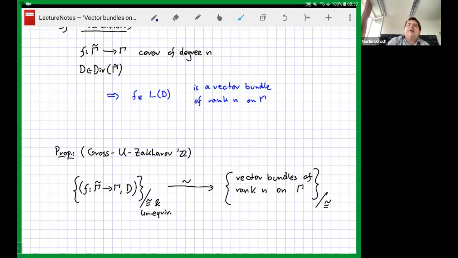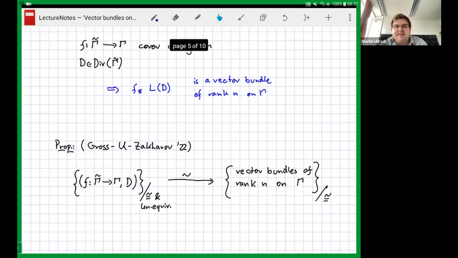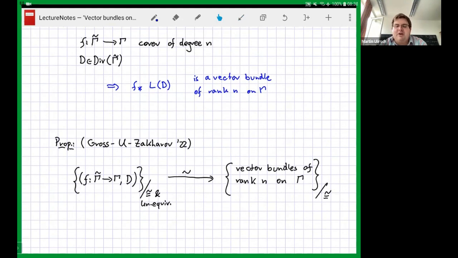So we can study our vector bundles on metric graphs by looking at covers and divisors on the covering curve. And this is exactly the perspective that allows us to prove our central results that I'm going to go through now.